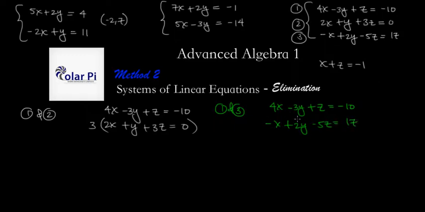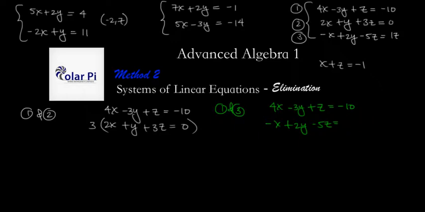So 1 and 3 make it difficult to eliminate y. Look, I'd have to multiply equation 1 by 2, and then equation 3 by 3, and then I have to add to eliminate y. That's too much work.